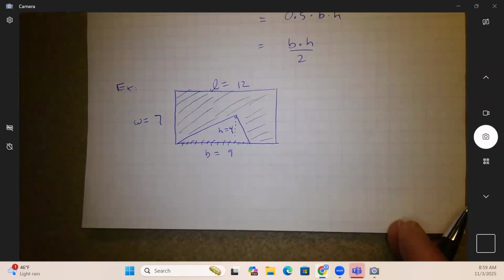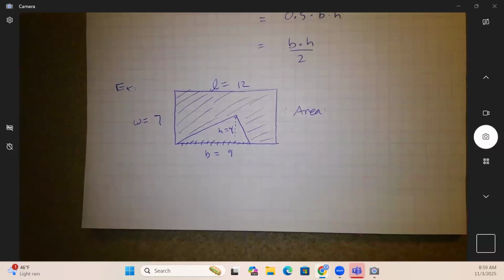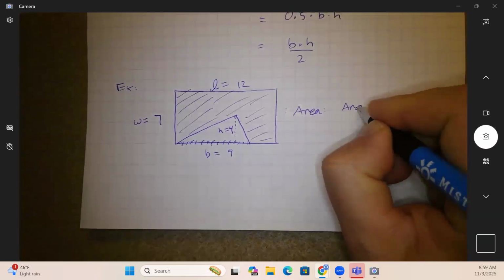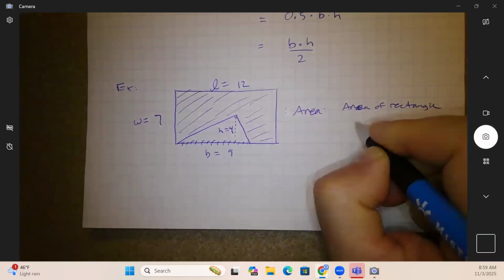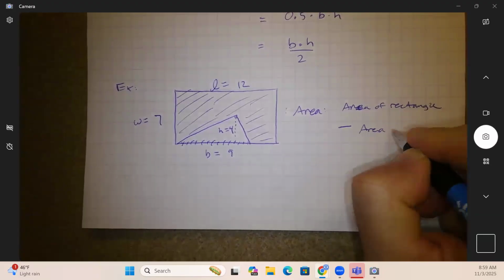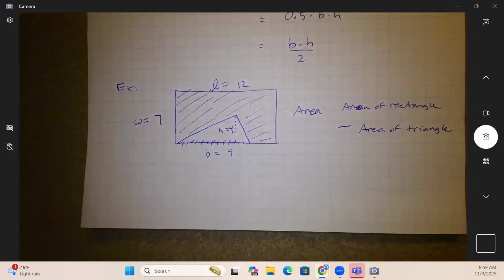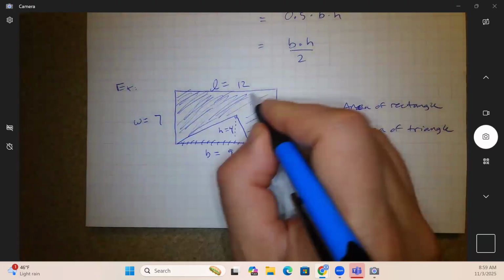Well, to do that, I'm going to break this more complicated problem into simpler pieces. I'm going to find the area of the rectangle, and I'm going to take away the area of the triangle, because that will allow me to find the area of the shaded polygon.